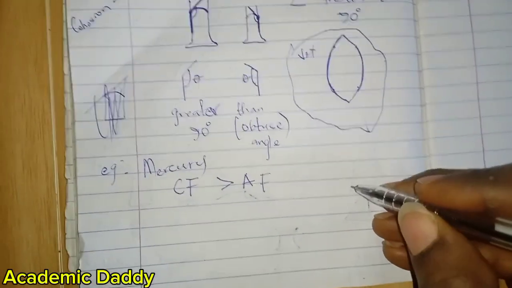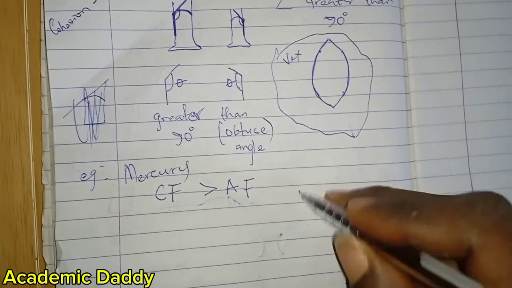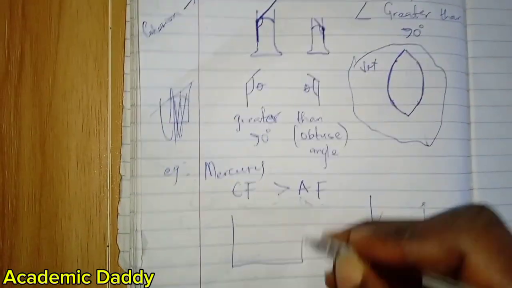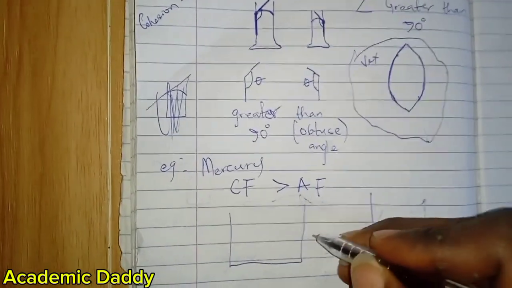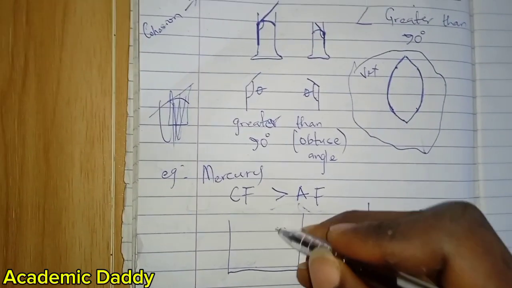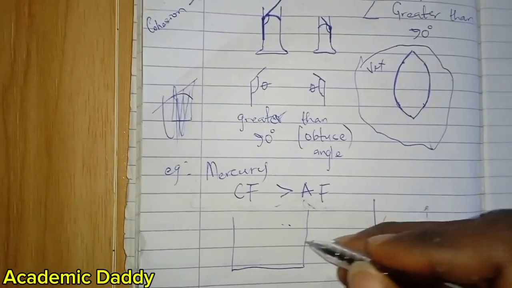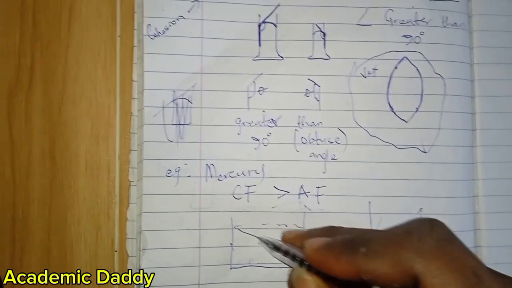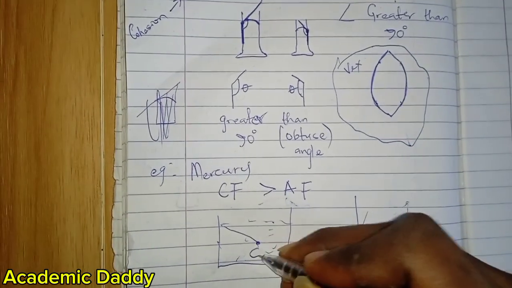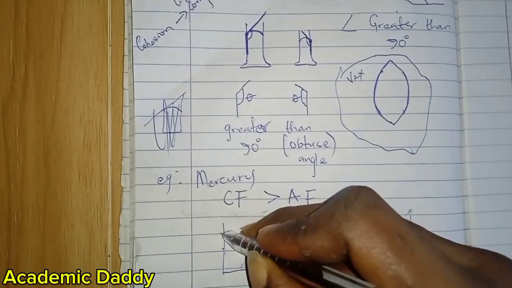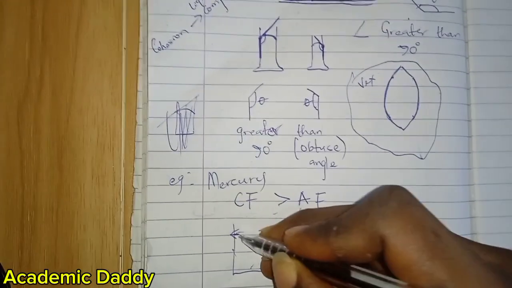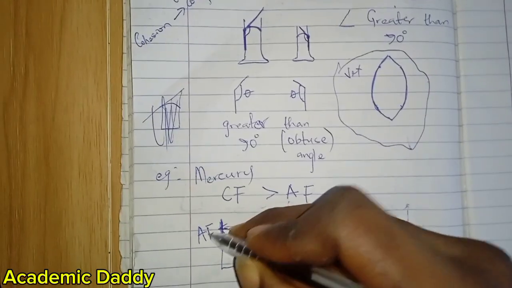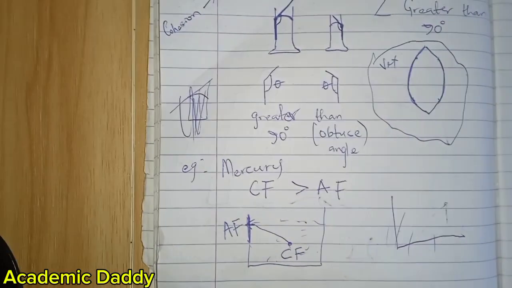So if you want to represent this well, let's say we have water here. The one that tends to draw it to the middle is the cohesive force. The one that tends to draw it to this surface, to this container, is the adhesive force. So you need to know that.